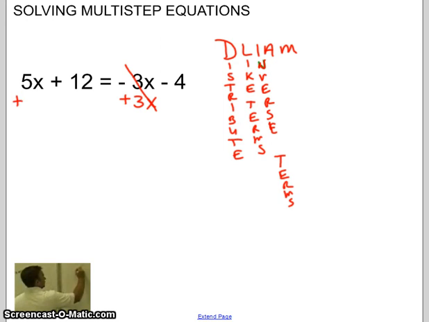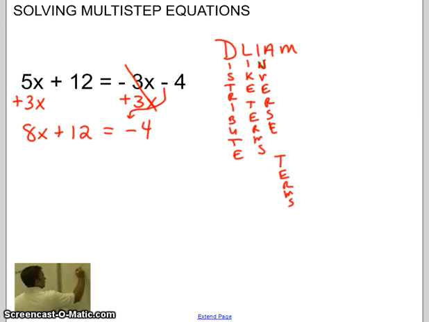Now I'm going to write plus 3x over here because it's a like term with 5x and I'm going to end up combining them. Whatever I do to one side I have to do to the other, and this will get only x's on one side of the equation. So 5x plus 3x is 8x, and I'm going to bring everything else down in my equation. Don't forget this negative sign.